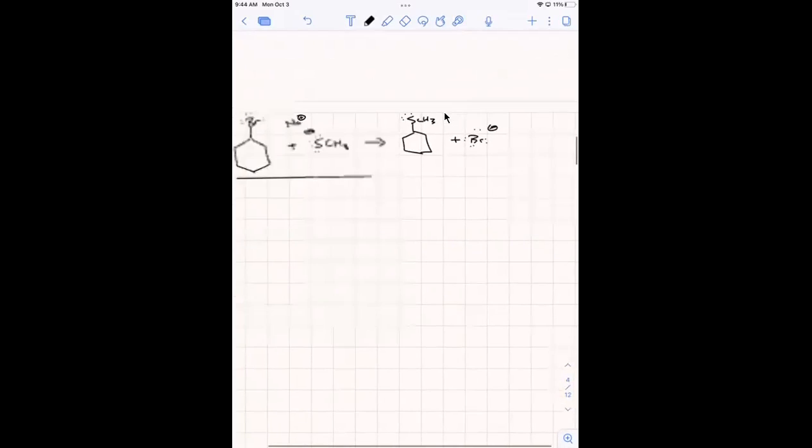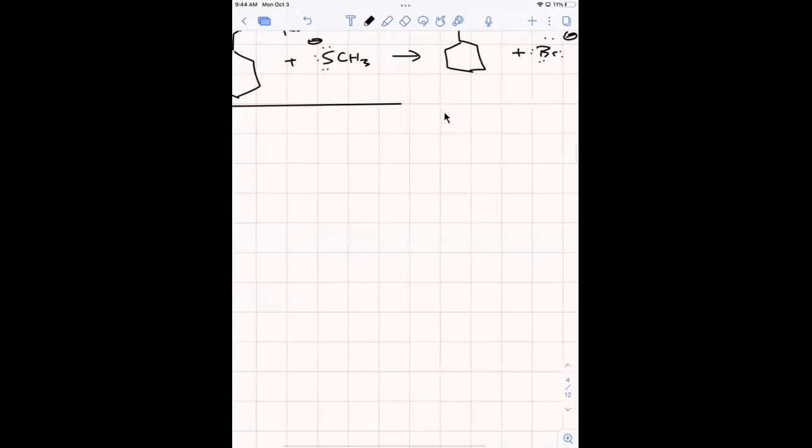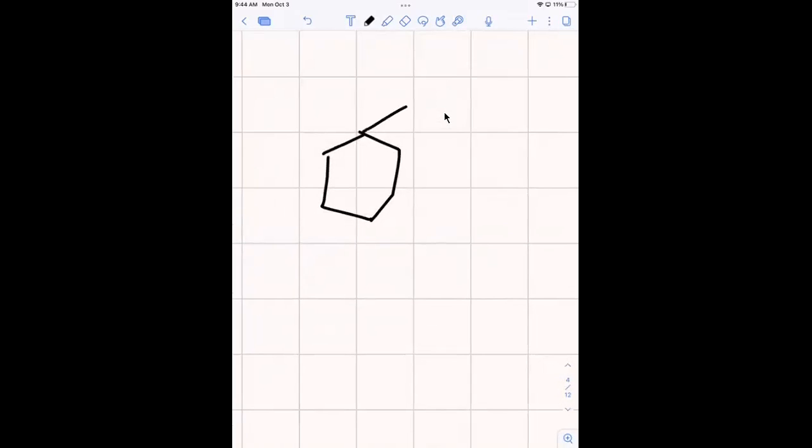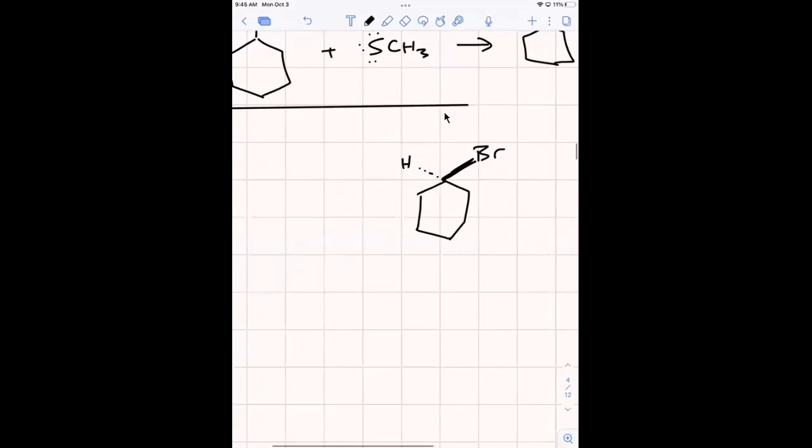What happens in this case, I'm going to try to draw this in 2D. Let's say my bromine is sticking out here, and then there's a hydrogen coming back here. What happens is the sulfur is going to attack here on the backside.